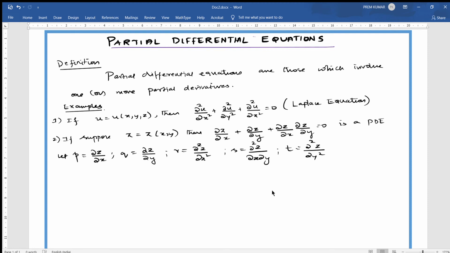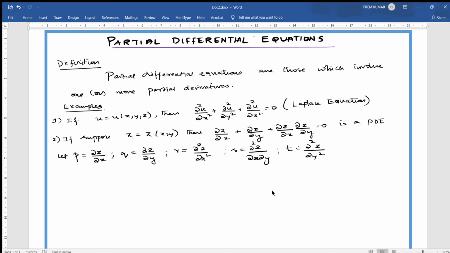We are going to restrict our study to only two independent variables, say x and y, and z is the dependent variable. These are the notations we will be using, p, q, r, s, t, the partial derivatives of first and second orders.